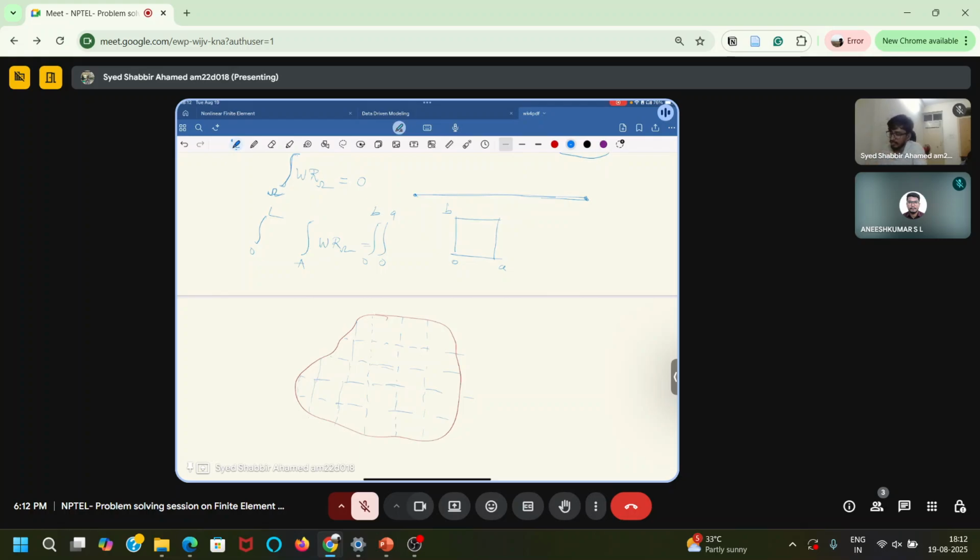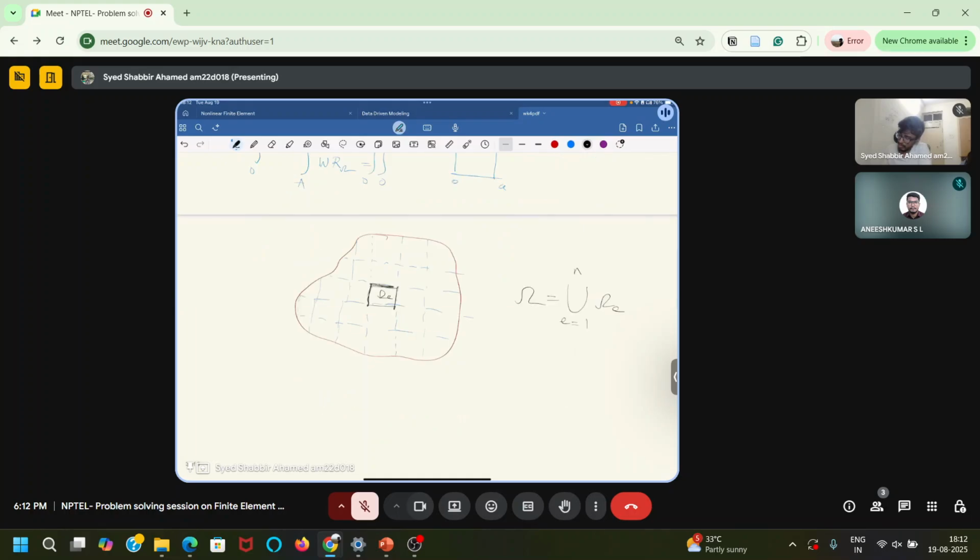Now the problem can be solved very easily. Each box is called an element. So the whole domain is omega, but I can take this whole domain as a union of all these elements.